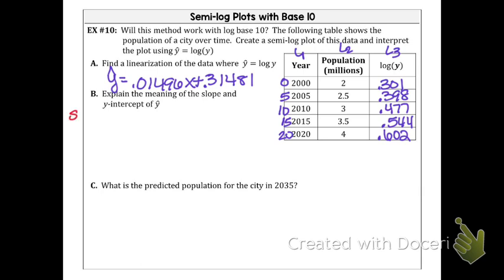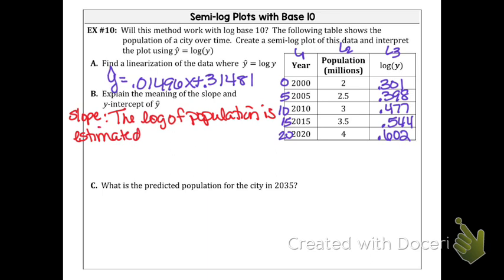B says explain the meaning of the slope and the y-intercept. All right, so the slope is positive, so we're increasing. So the log of the population is estimated to increase by that number per year. So the log of population is estimated to increase by 0.01496 million per year.